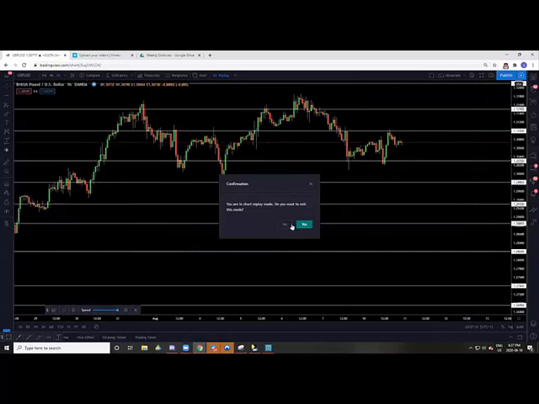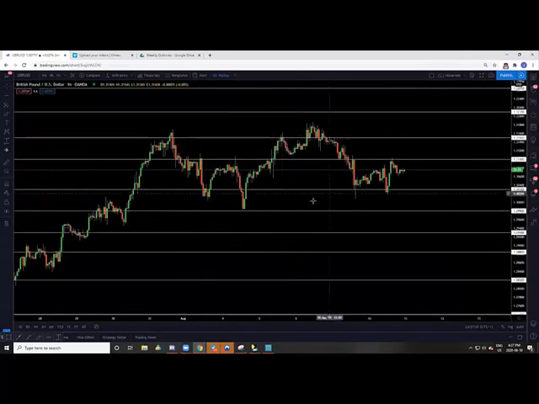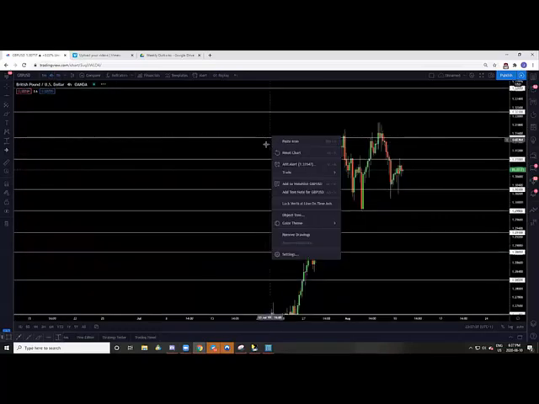Okay, so some nice key levels for us to use as guides alongside market structure.